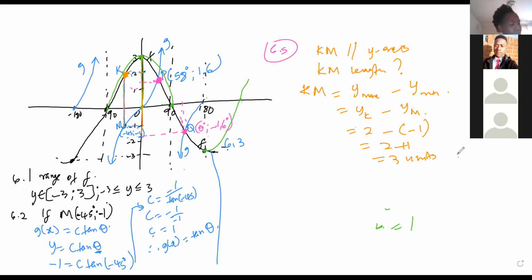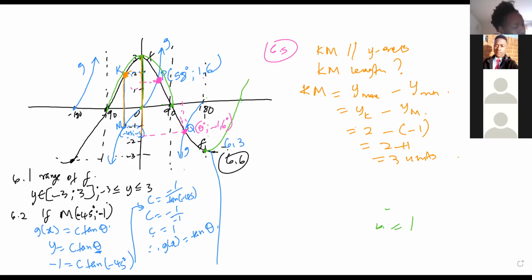Okay. Then 6.6. If the system of axis is shifted. Okay, wait, let me just go back here and see if I rewrote this correctly. Yeah, it is like that.